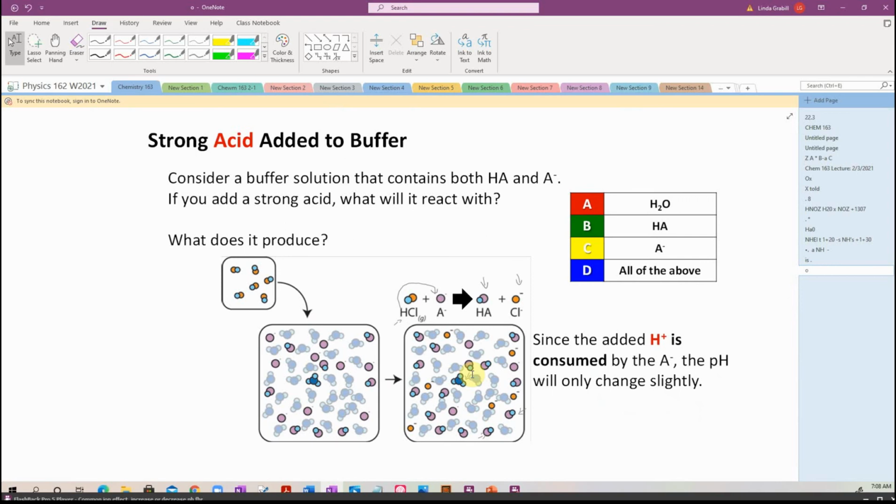So if I add HCl to something that has a minimal amount of my conjugate base, well, then HCl is going to use up what little of that conjugate base there is rather quickly, and the buffer impact isn't helpful at all, or it isn't going to change things much. My pH is going to go way down. All right, let's see how this looks applying it.